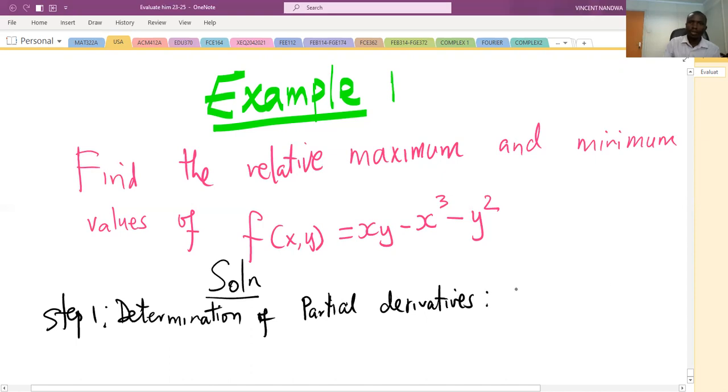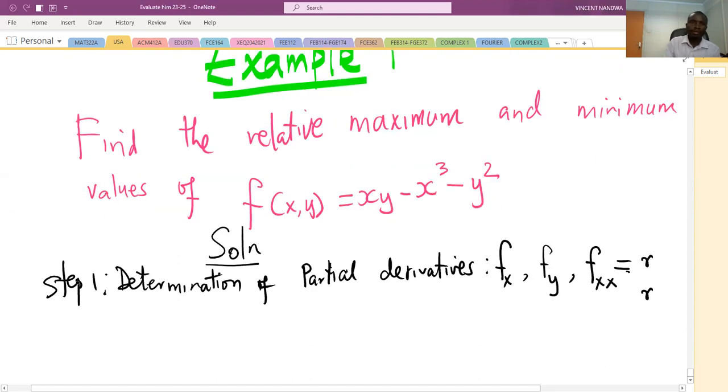So the partial derivatives we have: fx, we have fy, we have fxx, which we call r, and then we have fxy, which we call s, and we have fyy, which we call t.